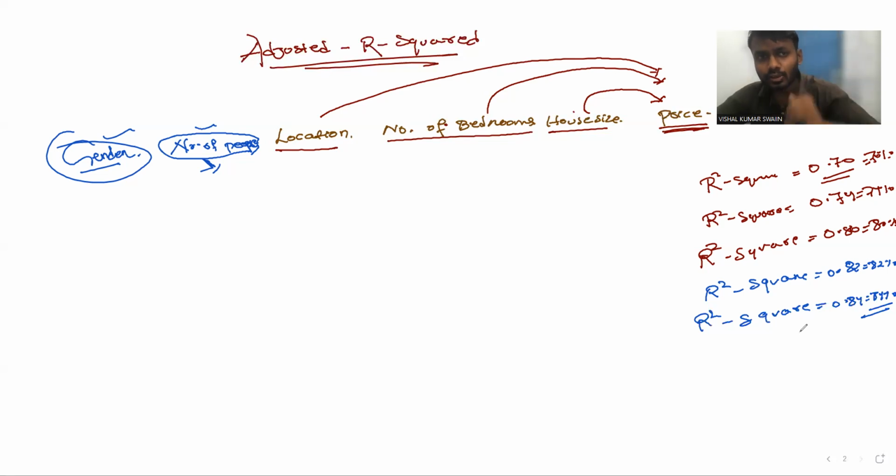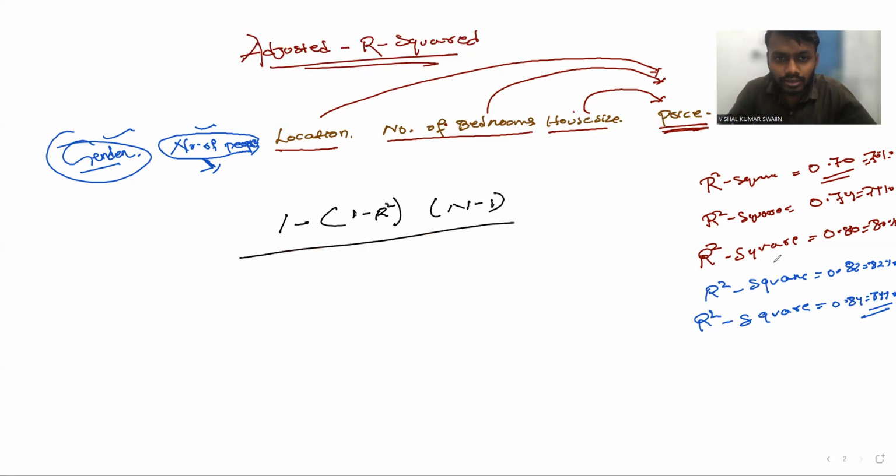Here a new concept comes in, the adjusted R square. Adjusted R square says, don't worry, I'm here to penalize this. So let's go for the formula. It is 1 minus (1 minus R square) times (n minus 1) divided by (n minus p minus 1).